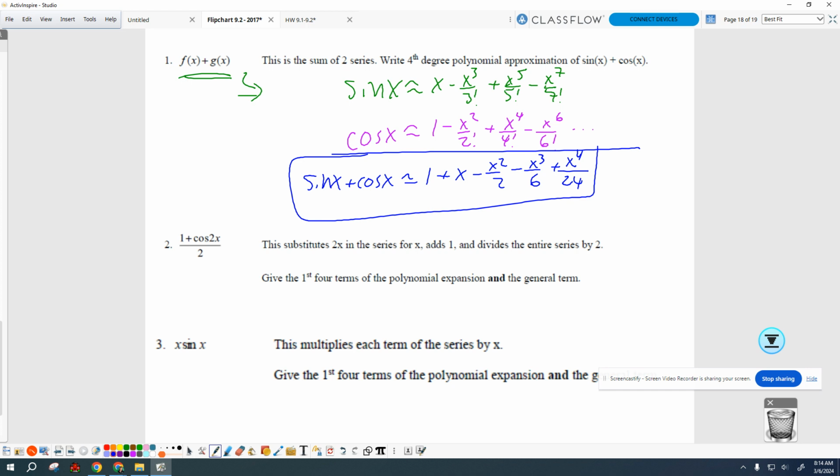And you don't need to evaluate the factorials. You can just leave them as 4 factorial or whatever. You guys okay with the first one?